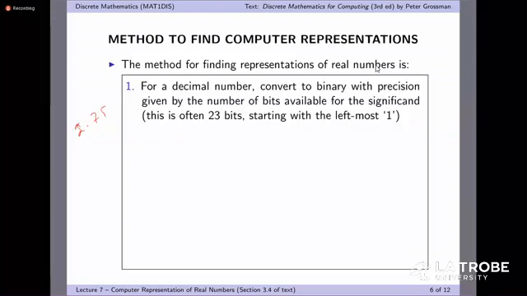Yeah? How would you convert that into binary first? It's decimal, and since nothing is written here, it is base 10. How do you convert that into binary?